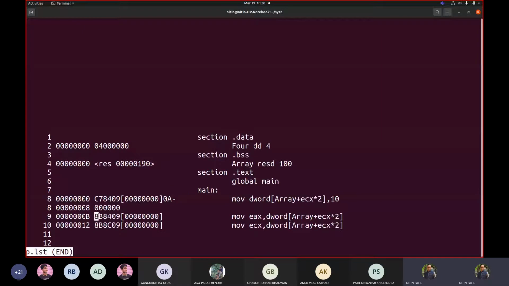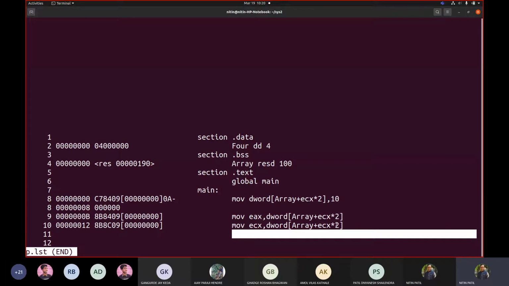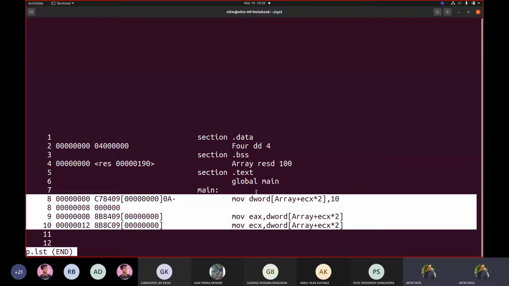So this definitely is contributing with something computed. 09 is kept same. But this 84 and 8C is changing. That means it must be because of the register that can be seen as a changed one. In both the cases 8409 was kept same, though the format of the instruction got changed.